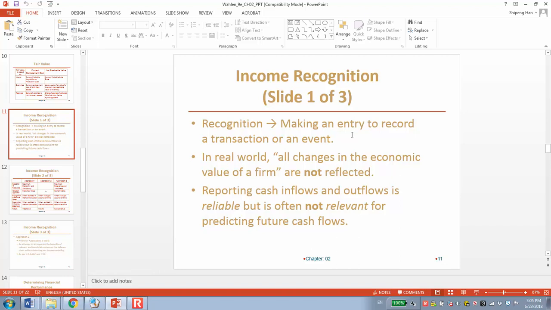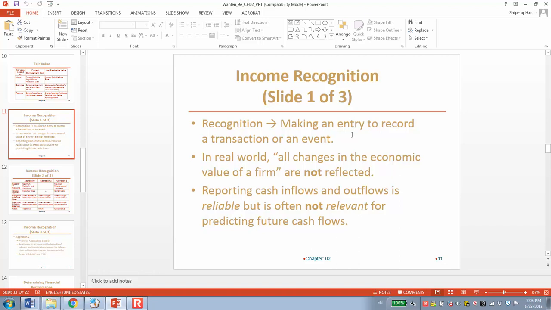Or we only record cash outflow when we pay cash to either suppliers, investors, or creditors. However, this information does not reflect the economy of the business, so it does not help us to predict the future cash flows. So the statement of cash flow is not used to predict future cash flow.